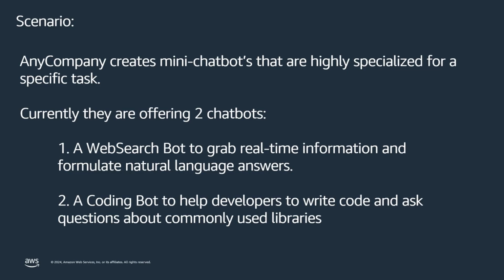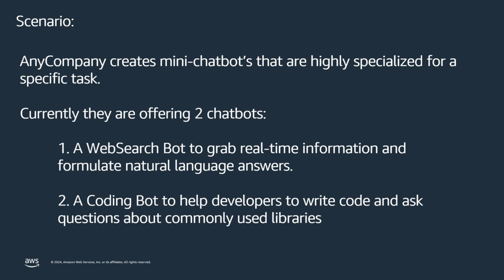Since for today's video, you were promised practicality, let's look at the scenario we will explore and see how we can flesh this out into a production environment where we can view and track the cost of these applications. We will pretend to look at any company, a company that creates many specialized chatbots for their client base.